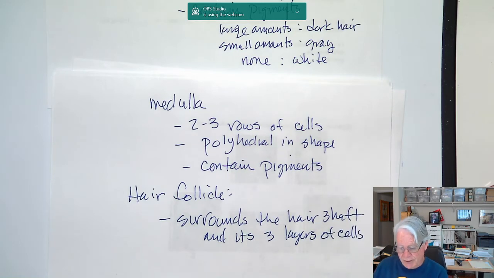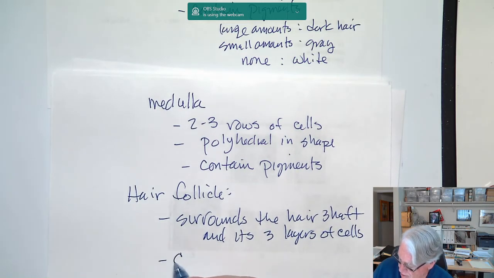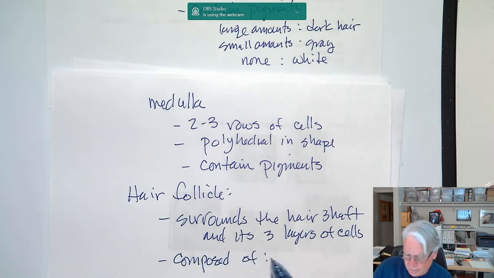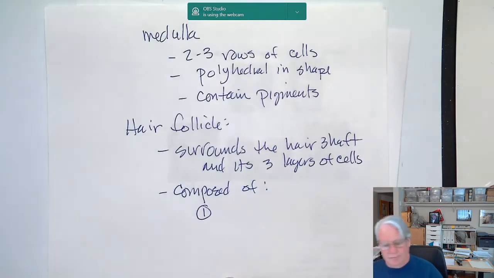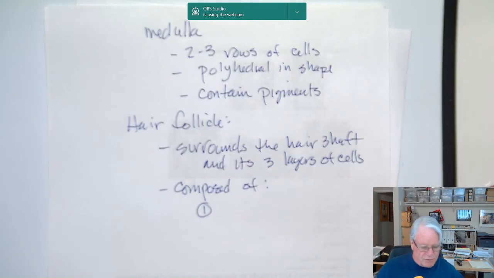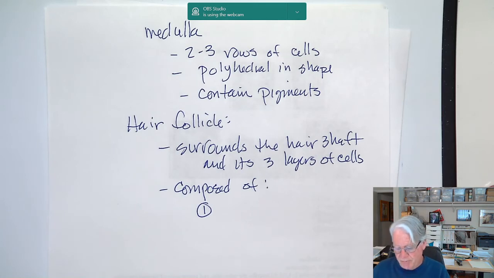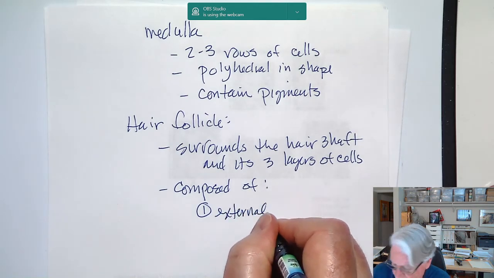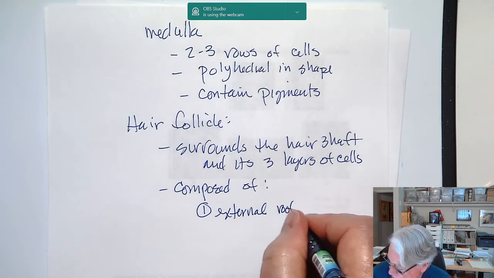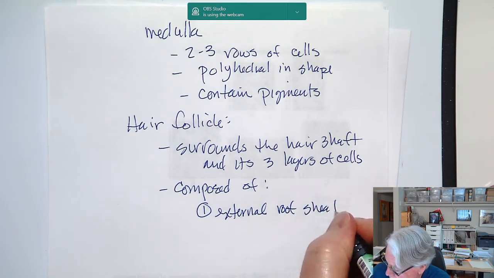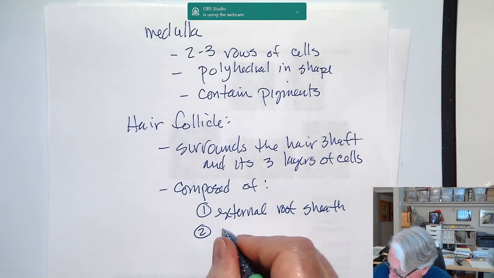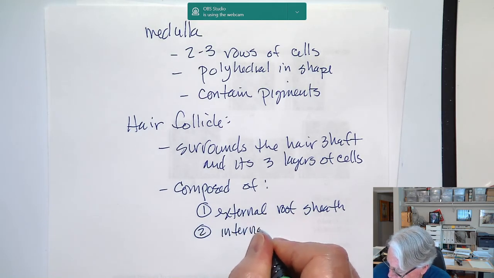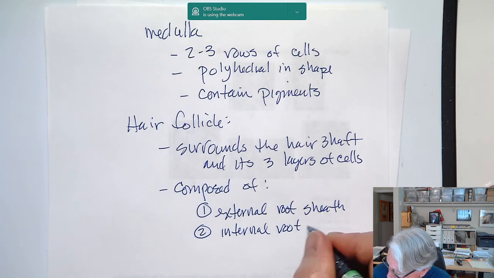Okay. All right. It is composed of, number one, we're going to list them, and then we will point them out in the drawing, and then we'll describe them. Okay. The external root sheath, and number two, the internal root sheath.